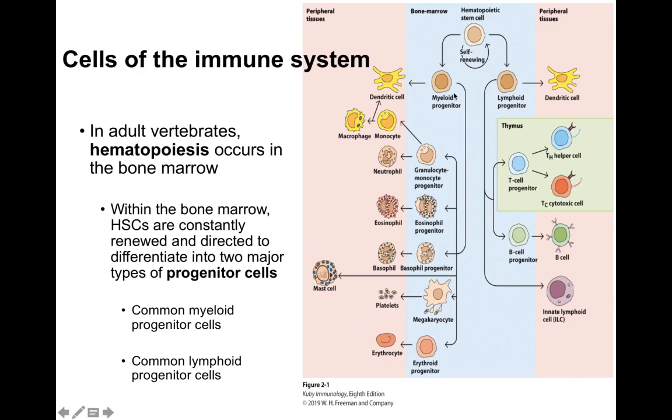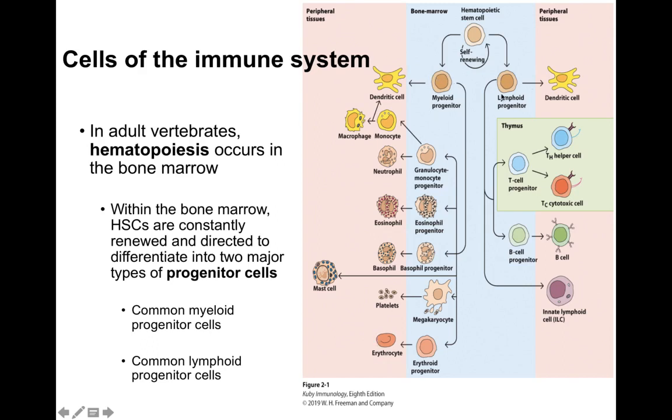And the myeloid progenitor can become dendritic cells, or they can become monocytes, neutrophils, eosinophils, basophils, and mast cells, platelets, or red blood cells. And so these ones here in the middle are granulocytes because they have granules in them. So there's a lot of different things that can be generated from a myeloid progenitor.